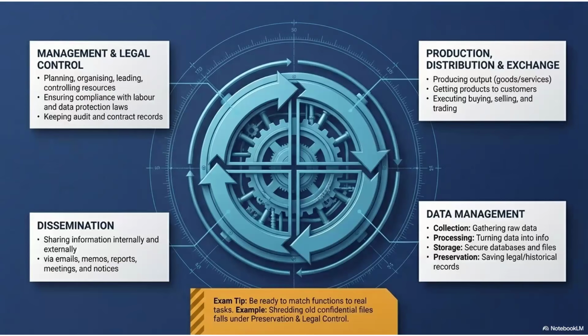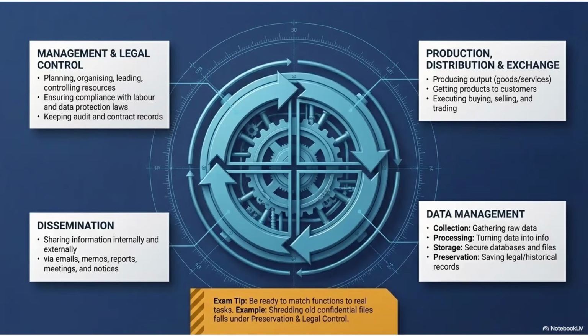So in the office, certain activities happen. For one, there's data management. They collect data, they process it to see what the data is for, and bring meaning to the data. They store it, and then they'll keep it somewhere safe.